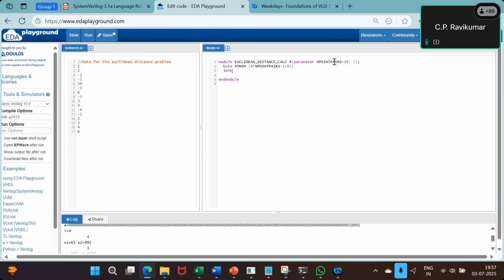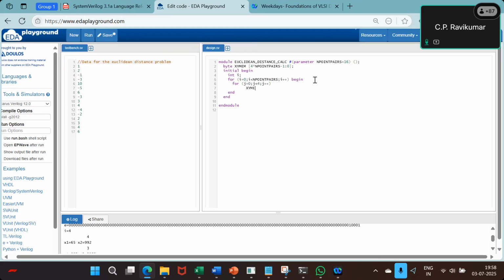And we could initially put random data in it. So what should I write here?